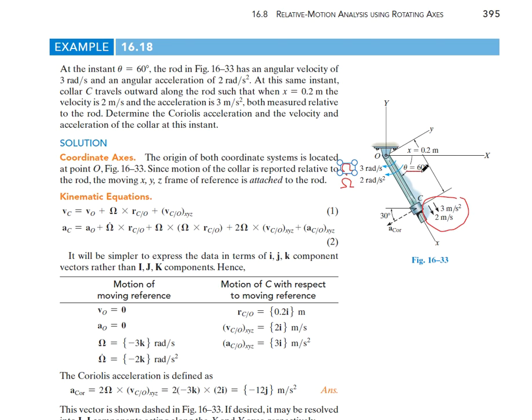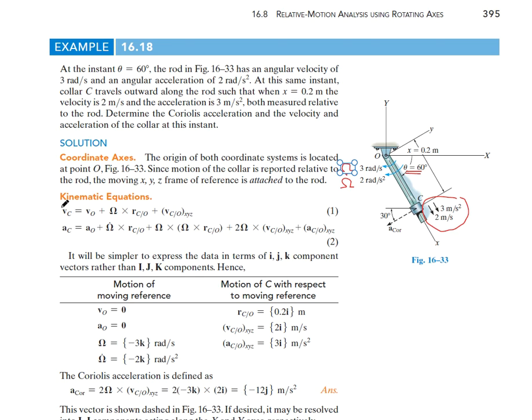We're given a position, 60 degrees, where we need to perform the analysis for this position. Of course, these are not position dependent, so you could easily draw the rod horizontal and have lowercase x-axis coincide with uppercase X, and y-axis coincide.